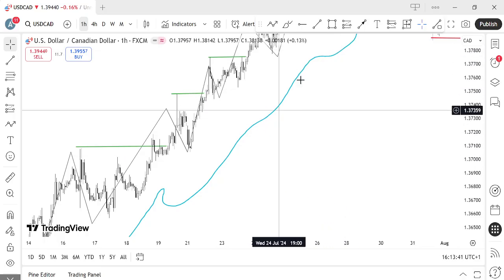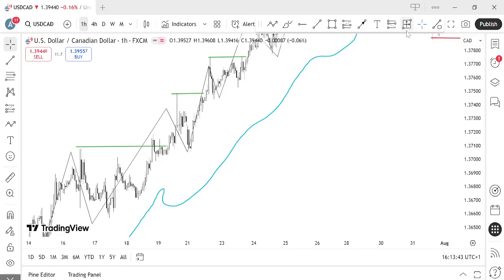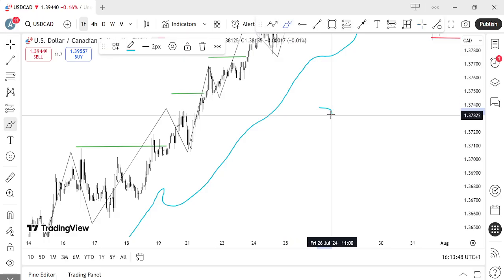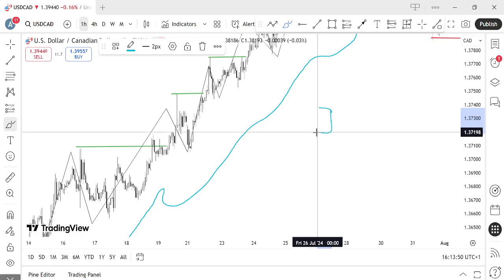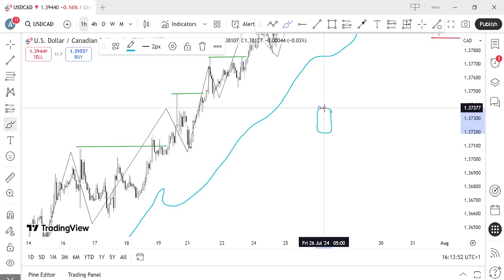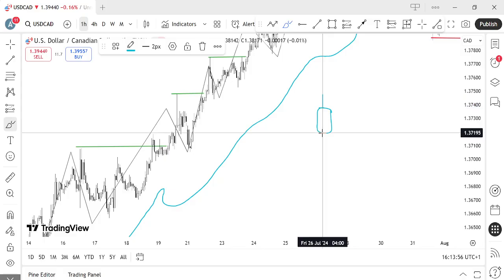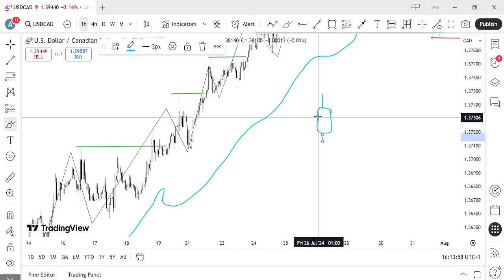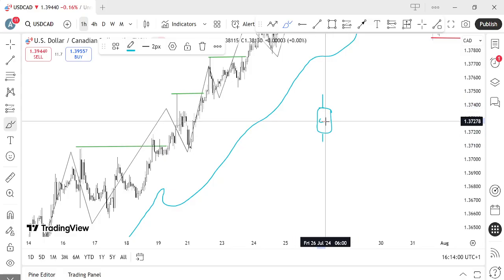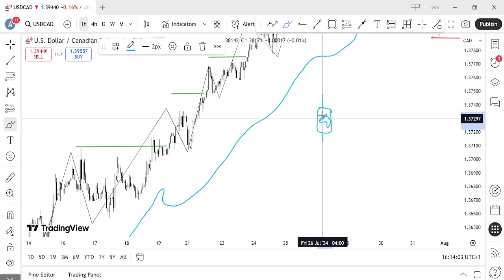This right here, if I can draw something, okay, this is it. When you see a candle like this, let's call this a bearish candle.